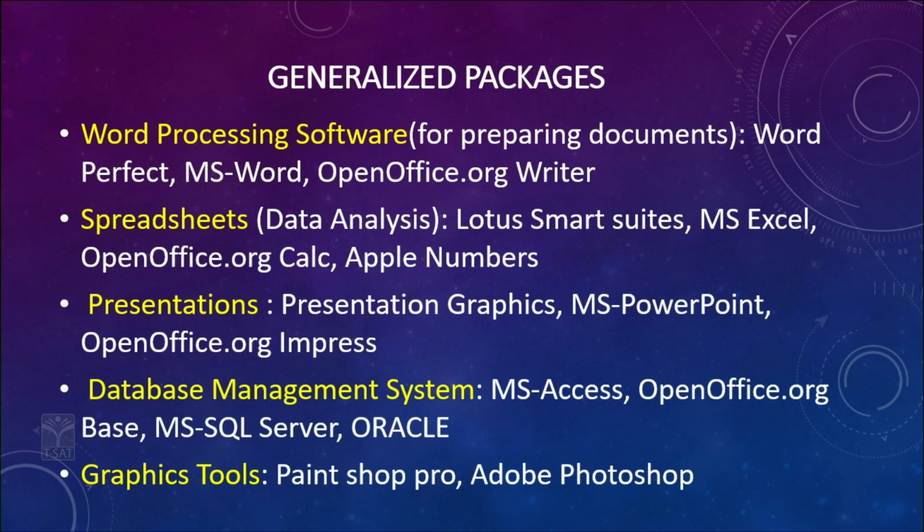Under generalized packages, the first one is word processing software. What is word processing software? Word processing software is generally used to prepare documents. For example, word processing software includes WordPerfect, MS Word, and OpenOffice.org Writer.